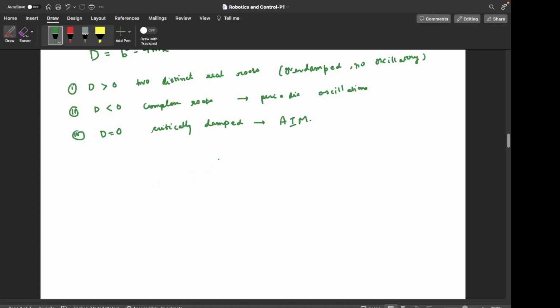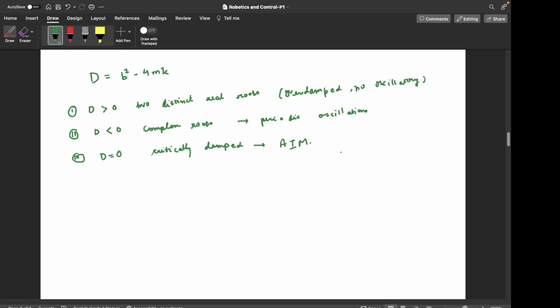So, in this case, b square minus 4mk is equal to 0, right? So b is equal to 2 under root mk. Okay, so for this value of b, the system is critically damped.